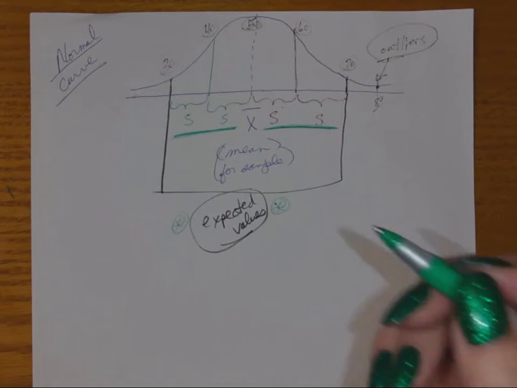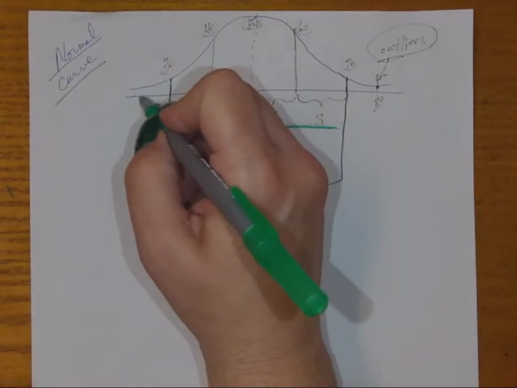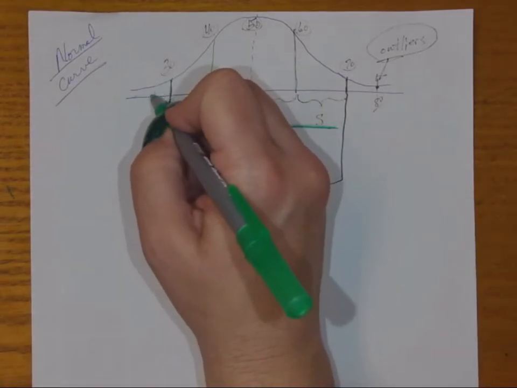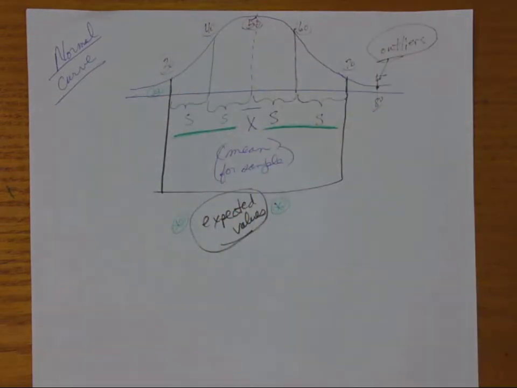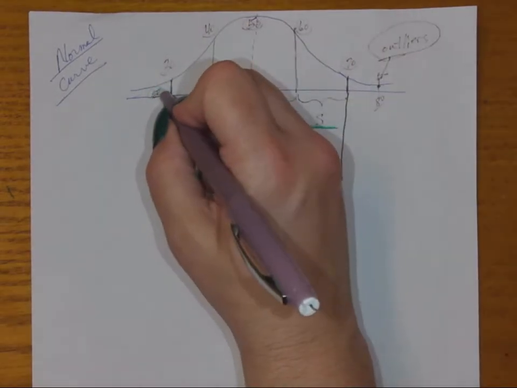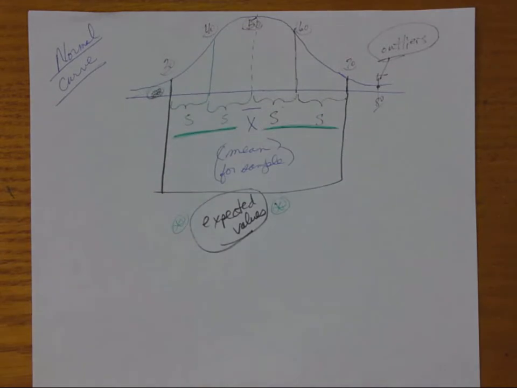But what if I had somebody way down here who made 22? What about that guy or girl? Okay, they're below 2 standard deviations. They're lower than 2 standard deviations below the average, below the mean. So what do we think about that? You're going to have to go, right? We think that you are not an expected value.